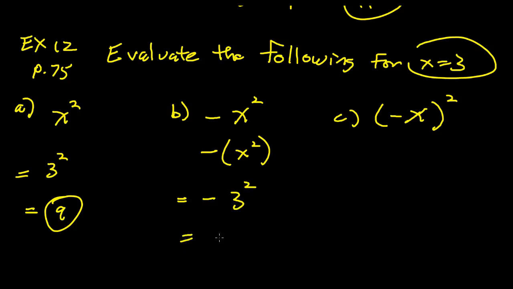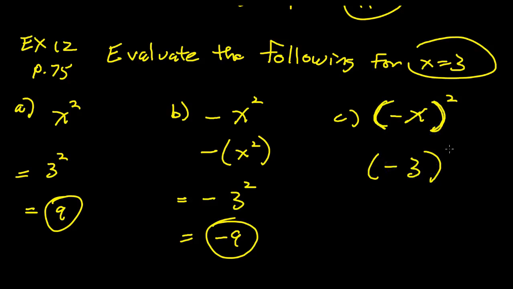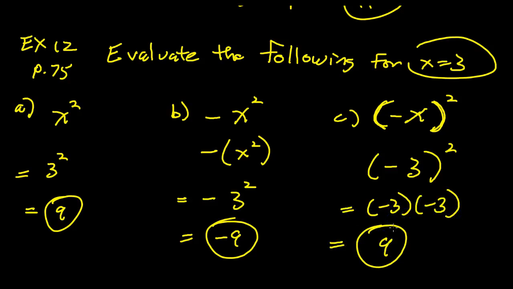And of course, that's going to be negative 9. And part C, minus x squared, where there's parentheses wrapped around that base expression. Well, if x is 3, minus x is negative 3. And minus 3 squared, well, that's negative 3 times itself. And a negative times negative is a positive. Okay.